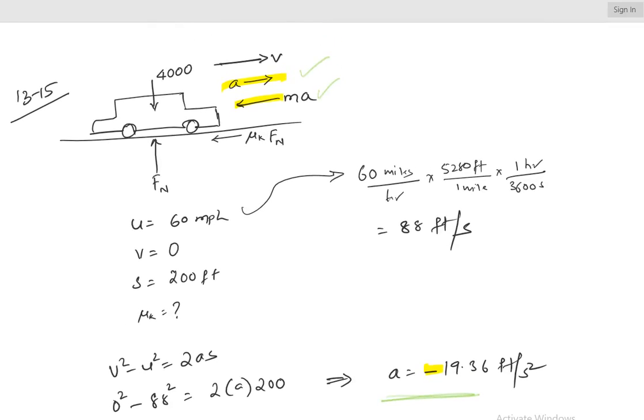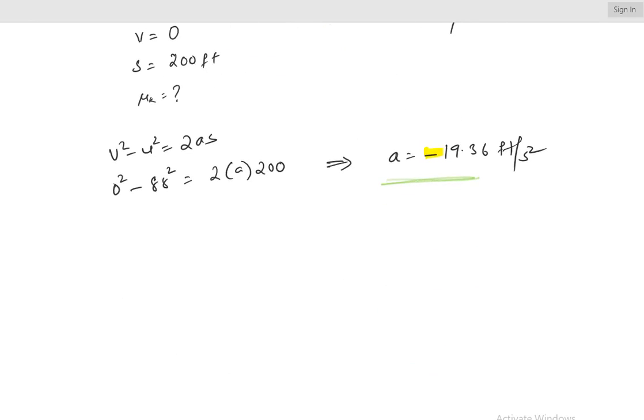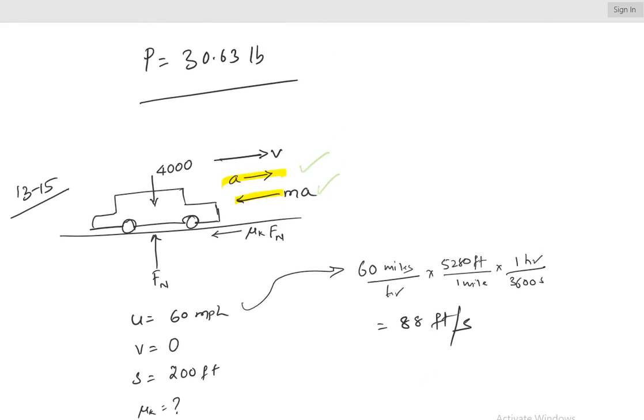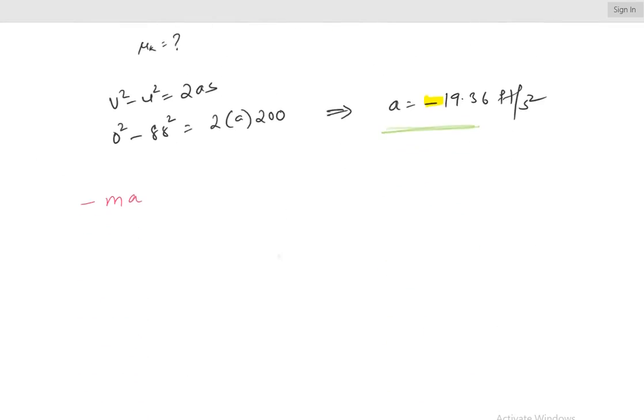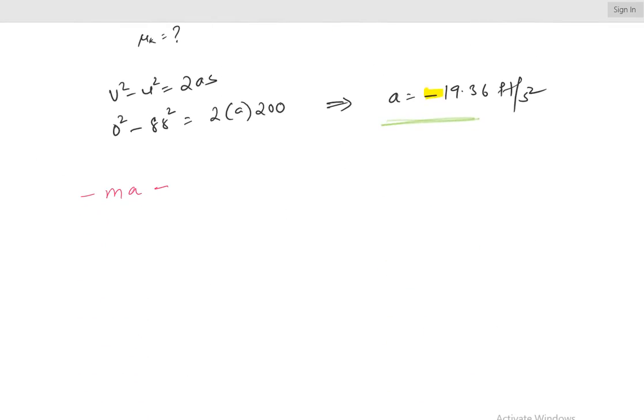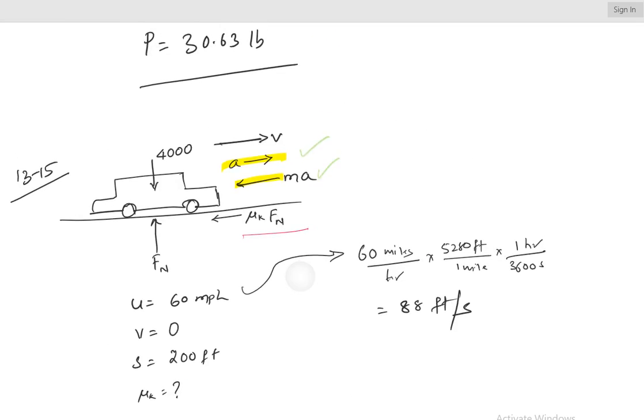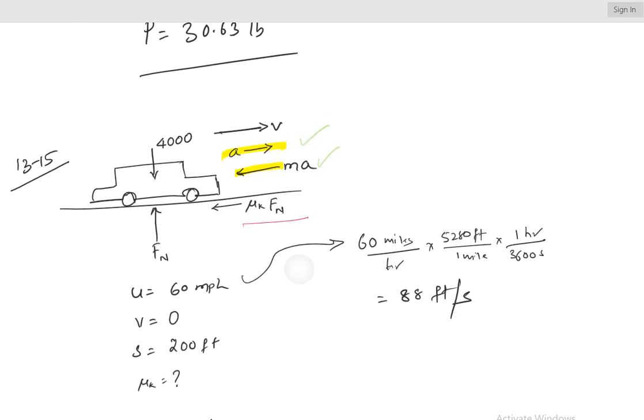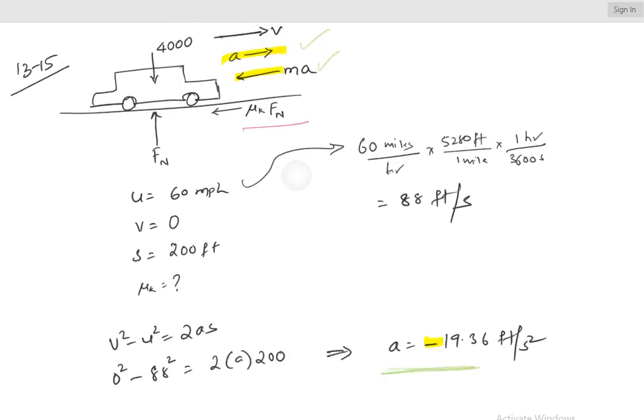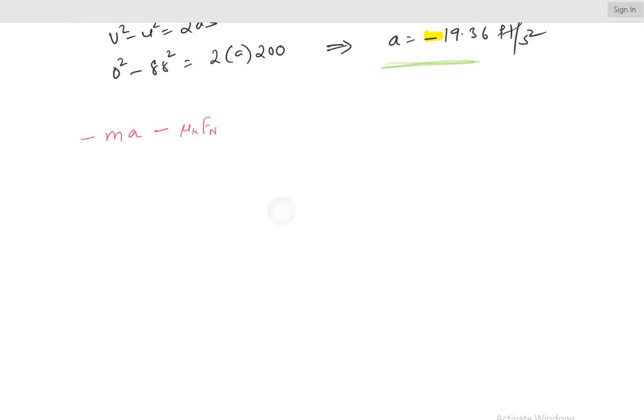So ma is to the left, so I'll say negative ma. Right? And then the mu k times Fn, the frictional force, is also going to the left. So I'm going to say negative mu k Fn. Anything else? That's it. Those are the only two forces in the horizontal direction.